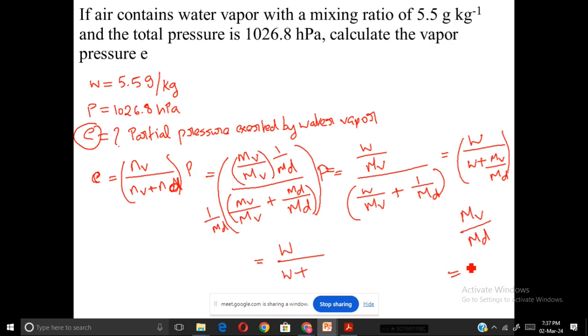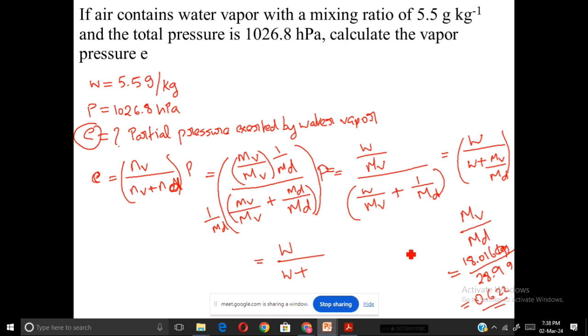If you remember, the molecular weight of vapor is around 18.016 gram. The molecular weight of dry air was found in the last class, 28.9 gram. So this value will be 18.016 divided by 28.9, which gives a value of 0.622.